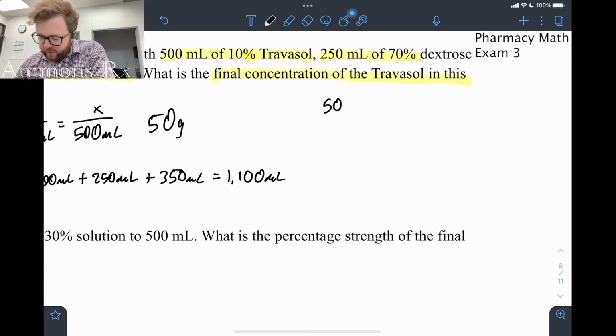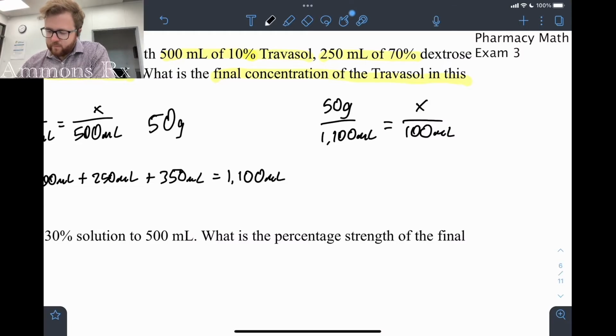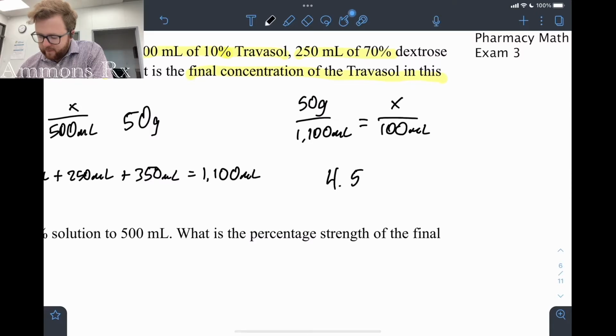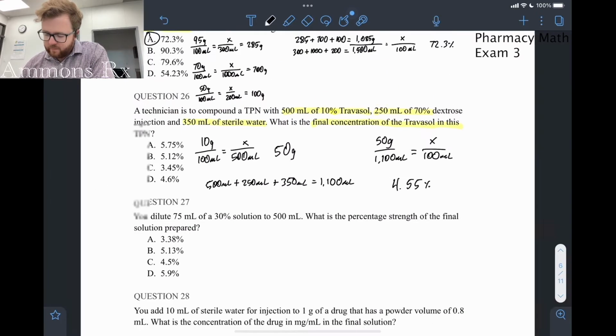So we have 50 grams of Travasol in 1,100 mils. What is the percent strength? And you should get 4.55%.